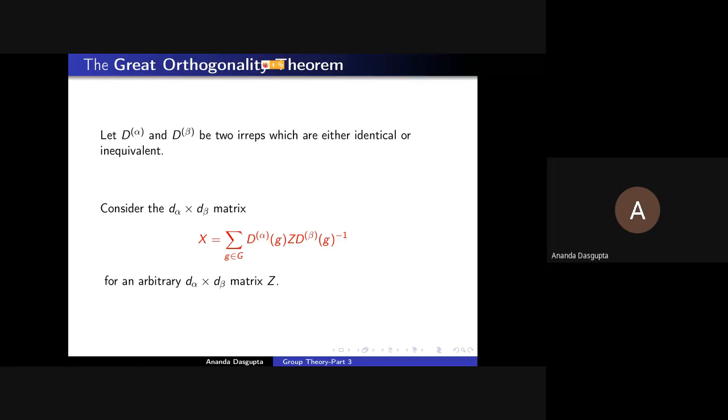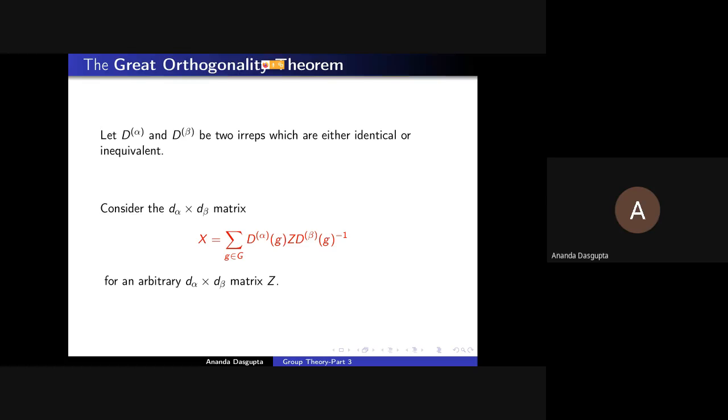The statement of the theorem will come at the end of a sequence of arguments. Why am I creating a matrix of this form? It will be very clear soon. But everybody understands what the form of this matrix is, right? I hope there's no confusion about that.